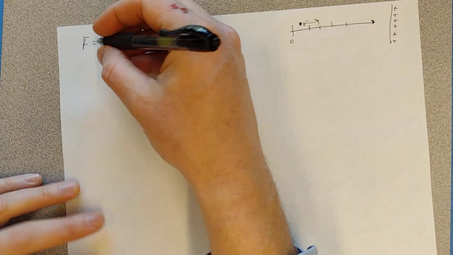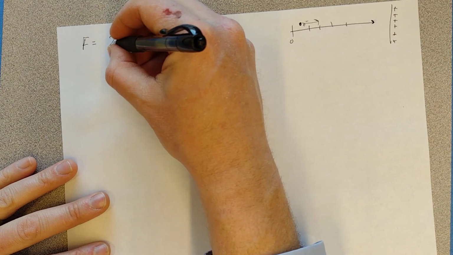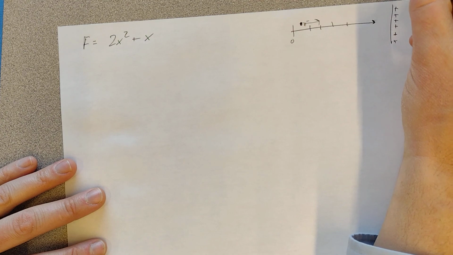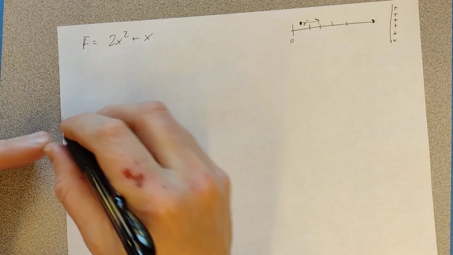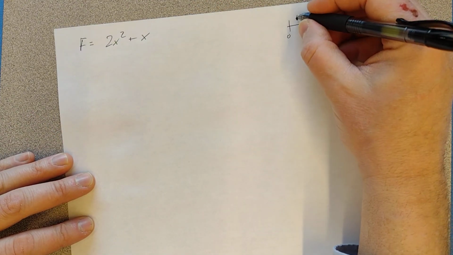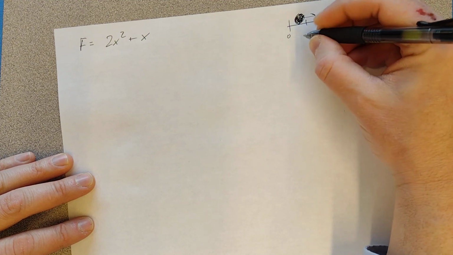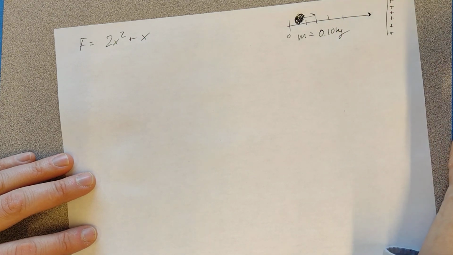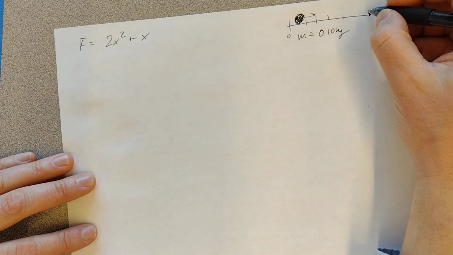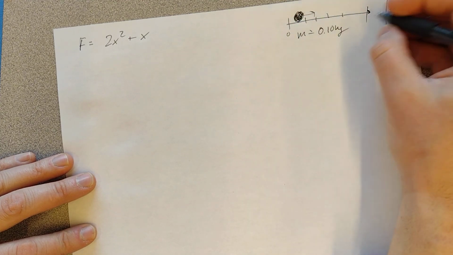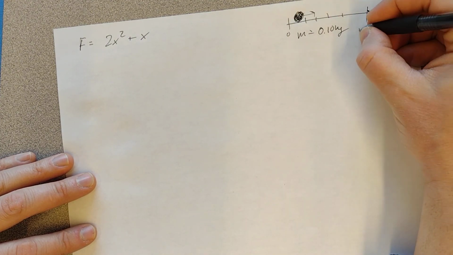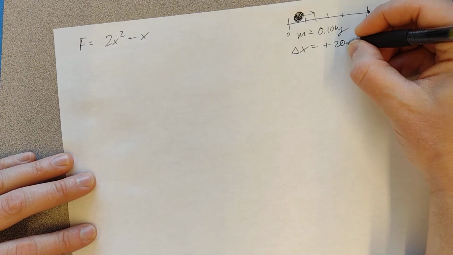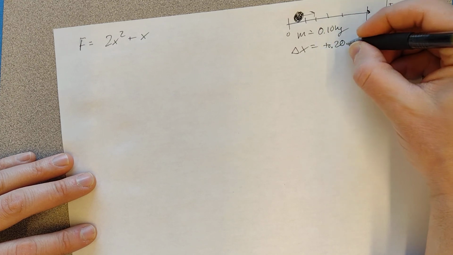So let's just make up a random force function here. Let's say it's 2x squared plus x, right? And we have some particle, some object, right? It has some mass. Mass equals 0.10 kilograms. All right, I want to figure out the work done in moving that object through a displacement of positive delta x, we'll say is positive 20 centimeters or positive 0.2 meters.